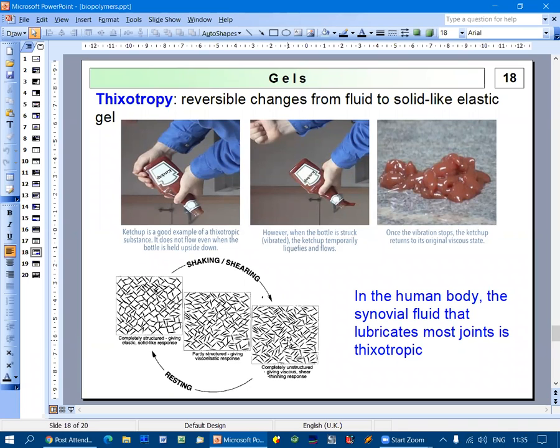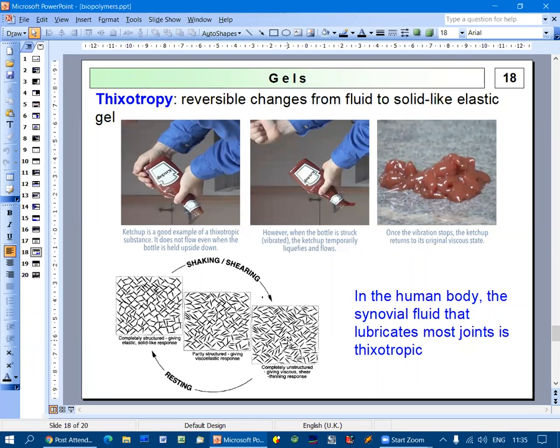It is a reversible process, and thixotropy is one of the proofs that the structure formation in gels occurs mainly due to van der Waals forces.